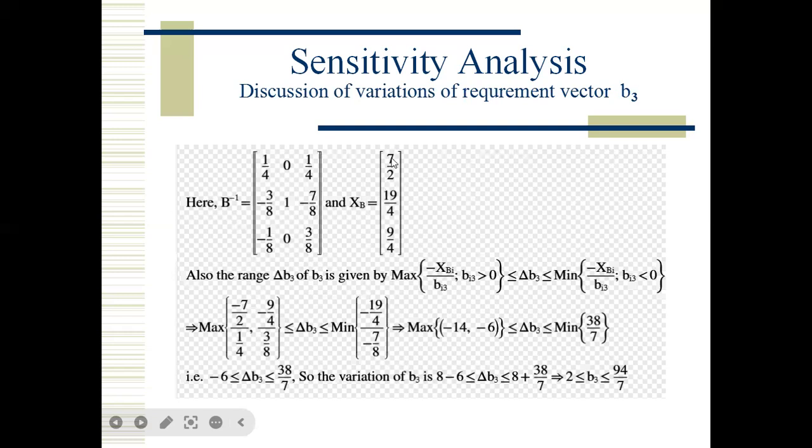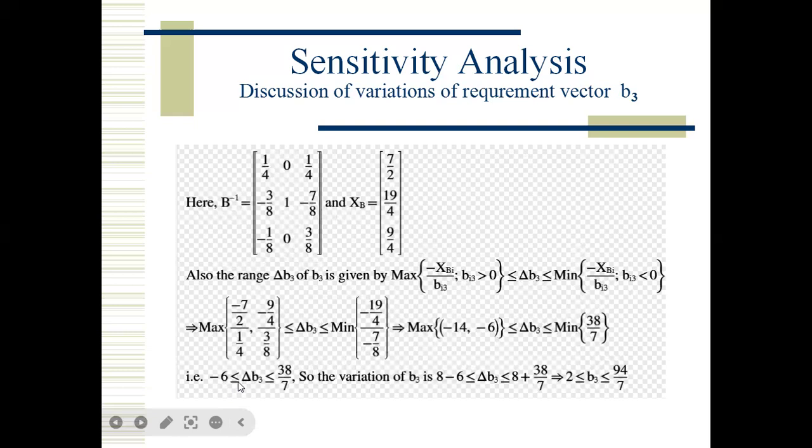This is the 7 by 2 xbi divided by the coefficient of the third column. Similarly, another one is 9 by 4 over 3 by 8. These values are negative, which is why they fall in the minimum part. So 9 by 4 divided by 3 by 8, and in the minimum part, 19 by 4 divided by minus 7 by 8. In this way we get the inequality for the third requirement vector.